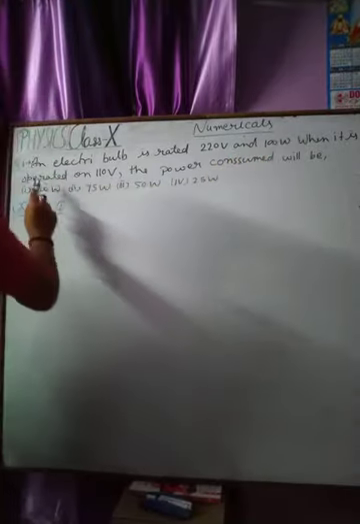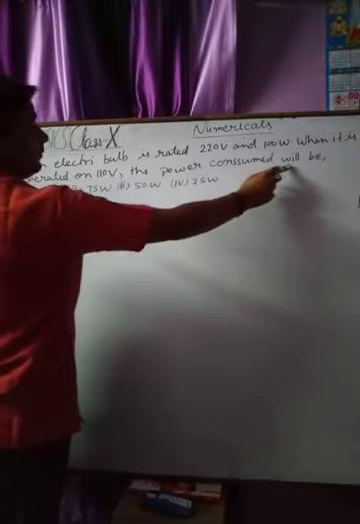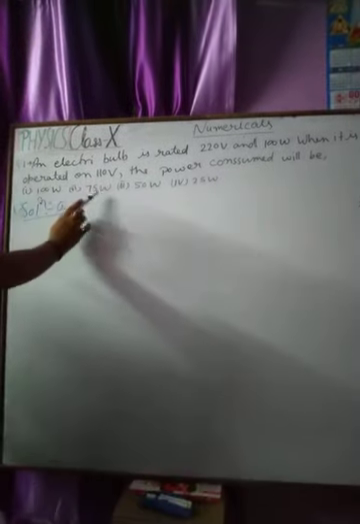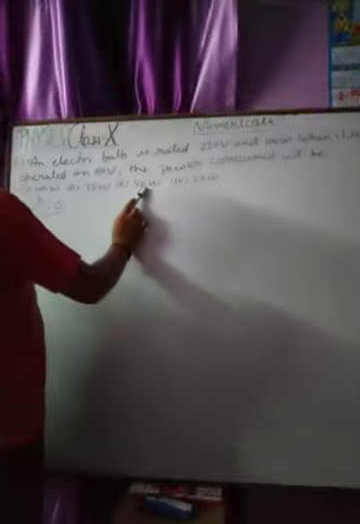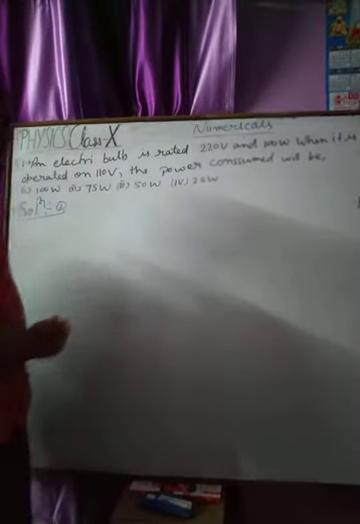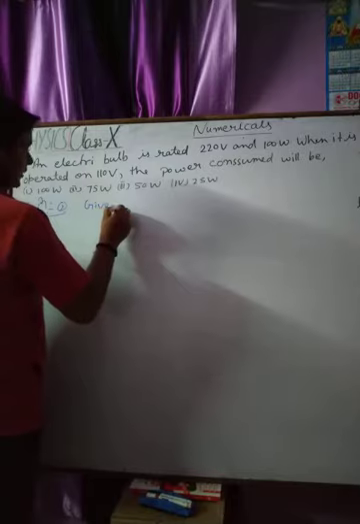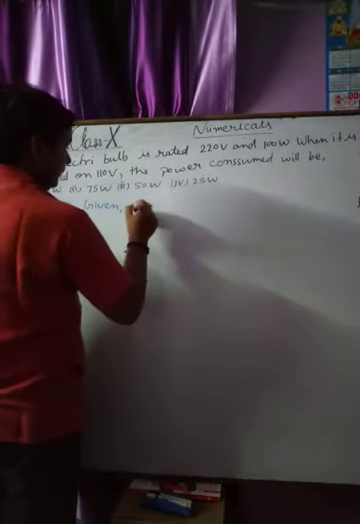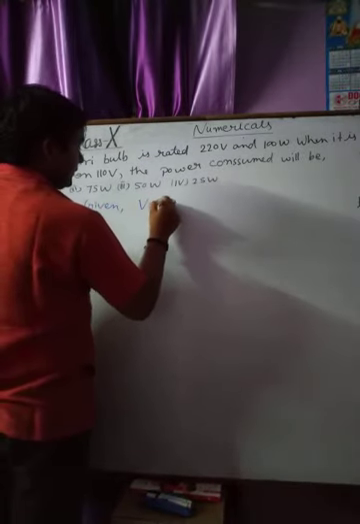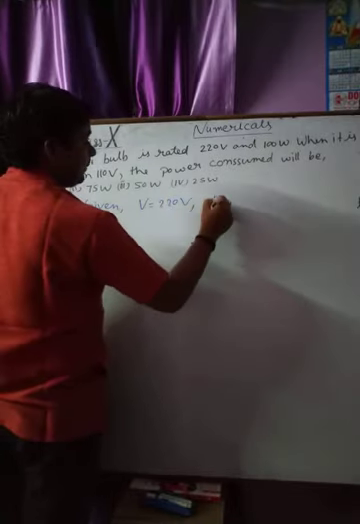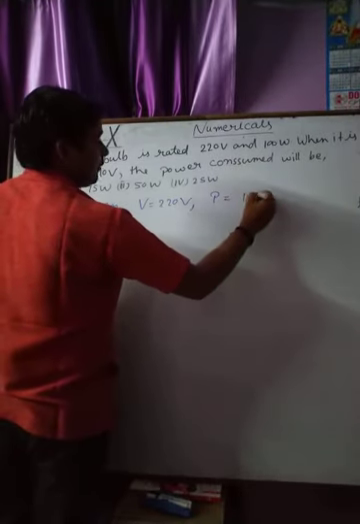When it is operated on 110 volt, the power consumed will be 100 watt, 75 watt, 50 watt or 25 watt. So we can go to solve this. We have given for this problem, voltage is 220 volt and power is 100 watt.